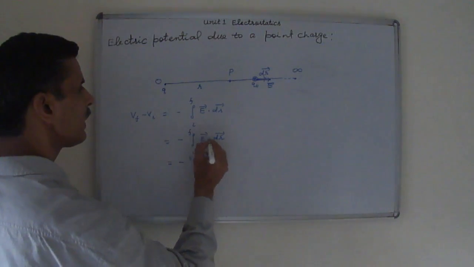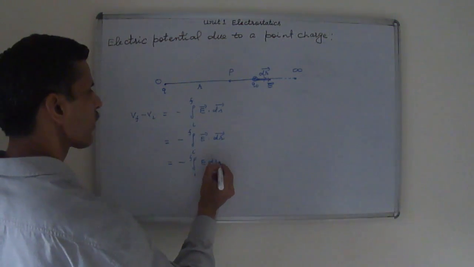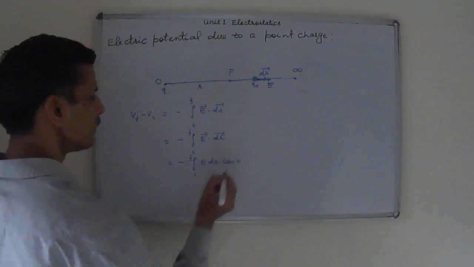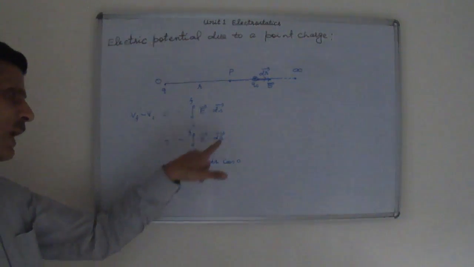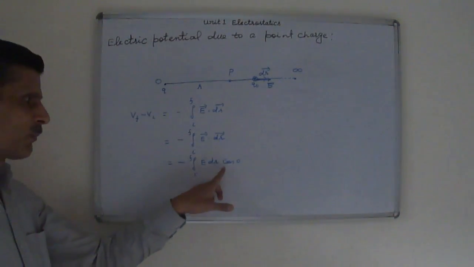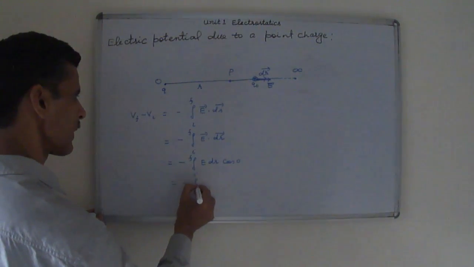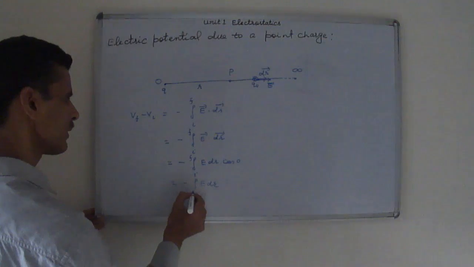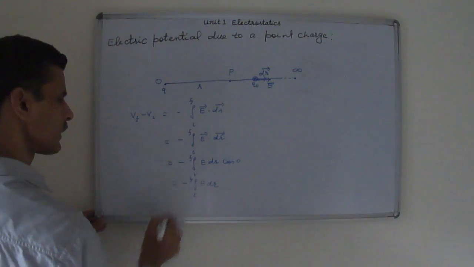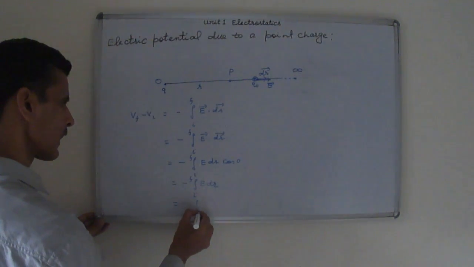So you can say E vector dot dr vector is equal to E dr cos 0, magnitude of E vector multiplied by magnitude of dr vector multiplied by cos 0. So E dr cos 0 is 1, limits i to f. Now you can put values here.